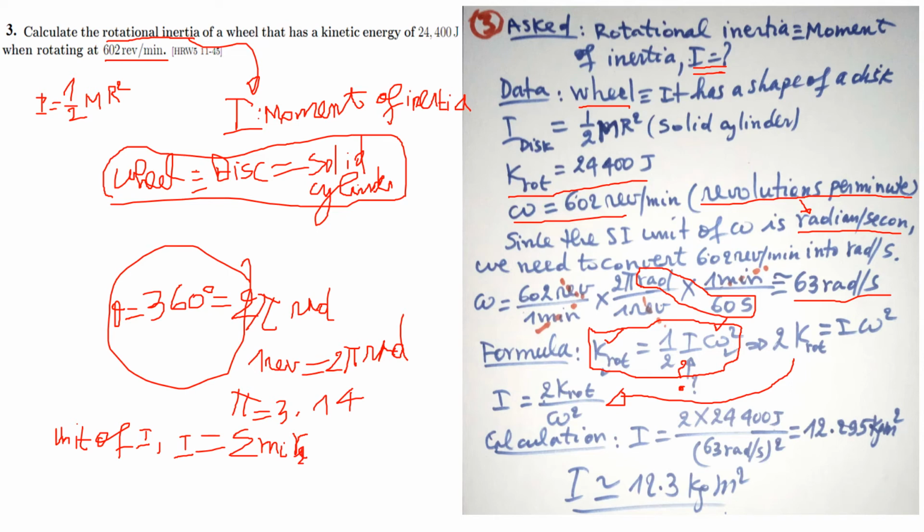This is a distance r squared, and we know that the mass is expressed in kilogram, and any distance has an SI unit, which is meter. Then this is expressed in kilogram, and the distance is expressed in meters, and we have a distance squared. So that is the reason why the moment of inertia has a unit kilogram meter squared.